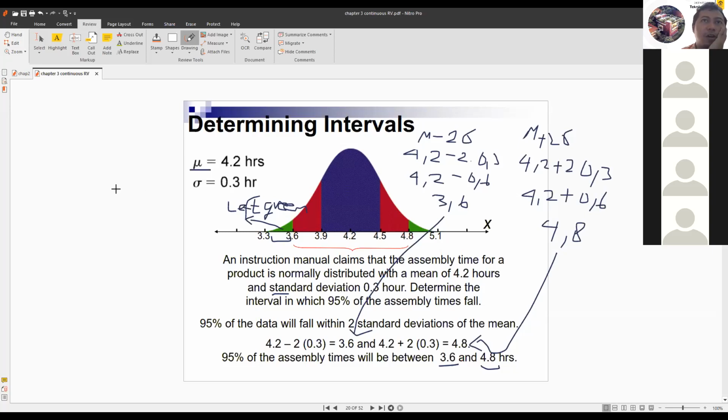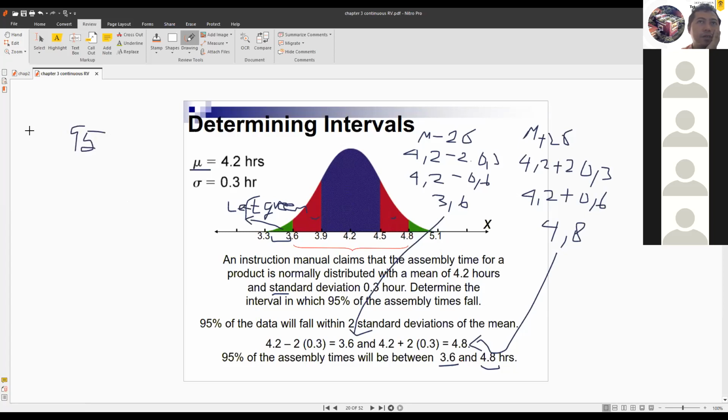2.5%. Let's compute. You can see here the red area and the purple, both red areas together make 95%, right?